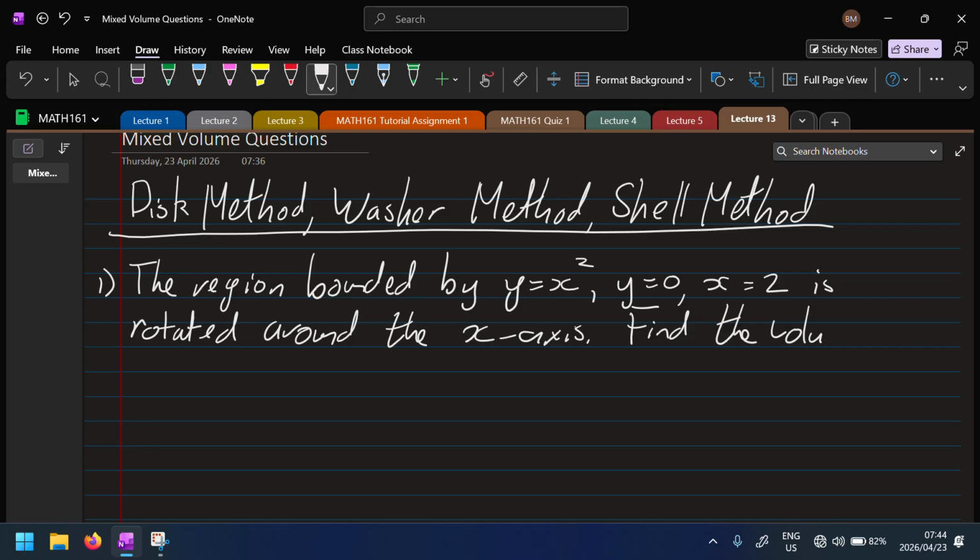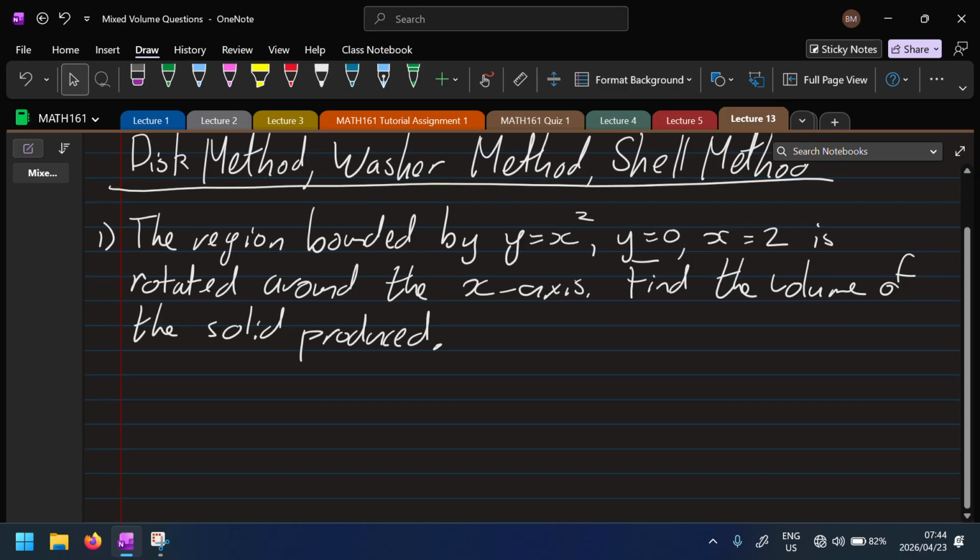Find the volume of the solid produced. So all the test type questions and the quizzes and all of that, it will be in this form. So you have a region, you have some axis that you're rotating around, makes a solid, find the volume. Okay, so the class test and the June test and the final exam, it will all be something very similar to this.